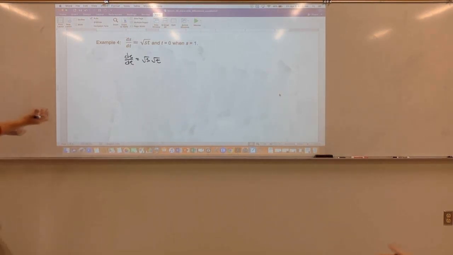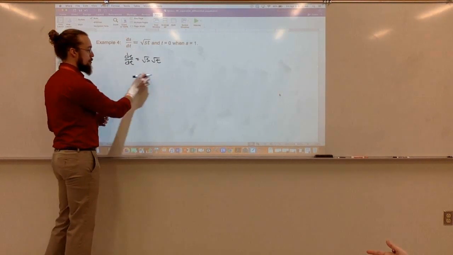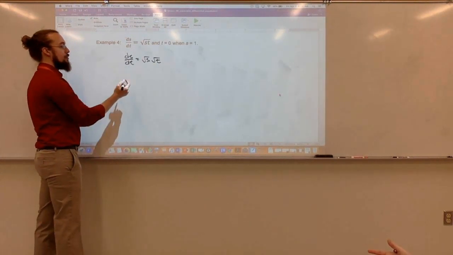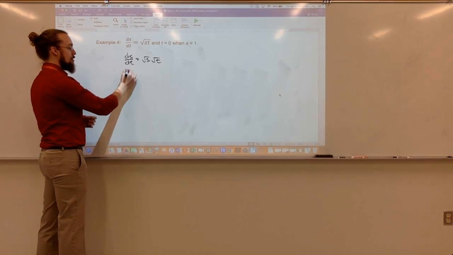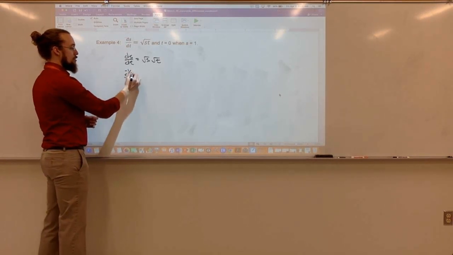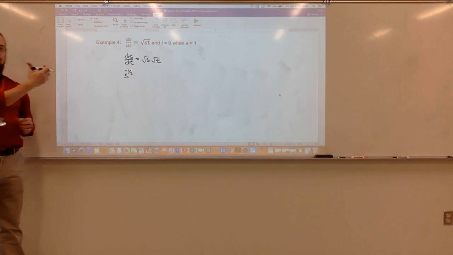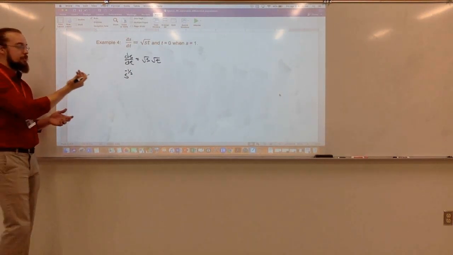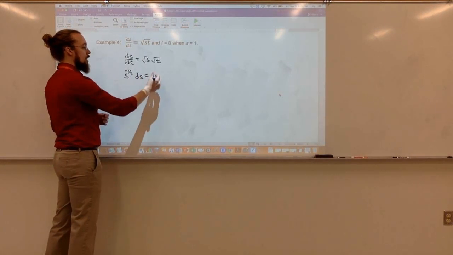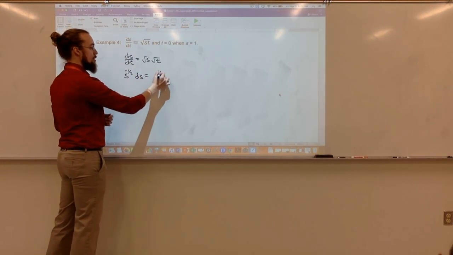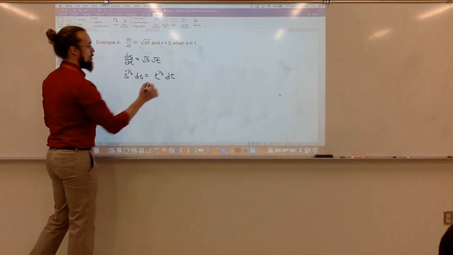So now we can multiply the dt over, divide the square root of s over. If I divide that, I would have the square root of s at the bottom, which would be the same as s to the negative 1/2 power. And then over here, this would be the same as t to the positive 1/2 power.